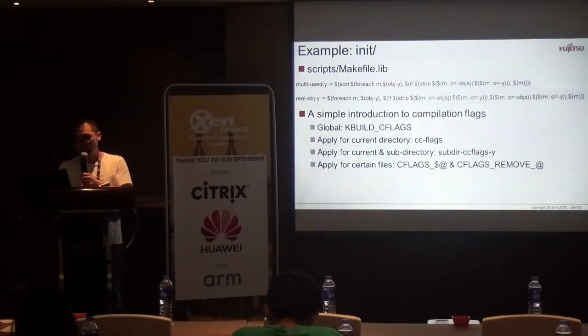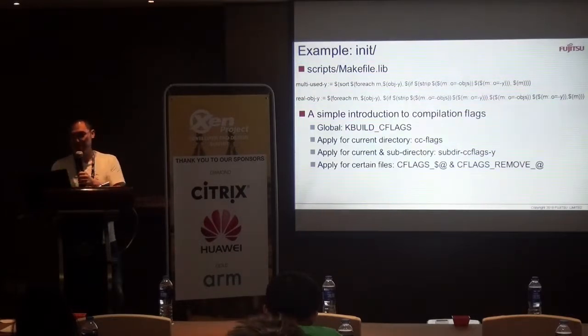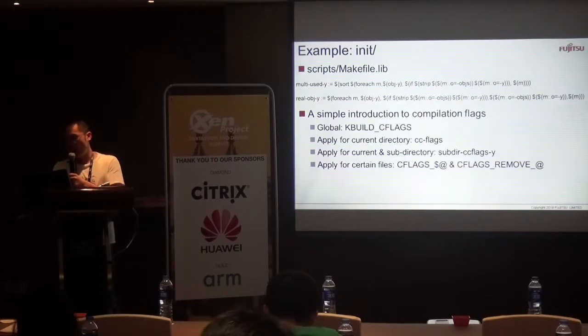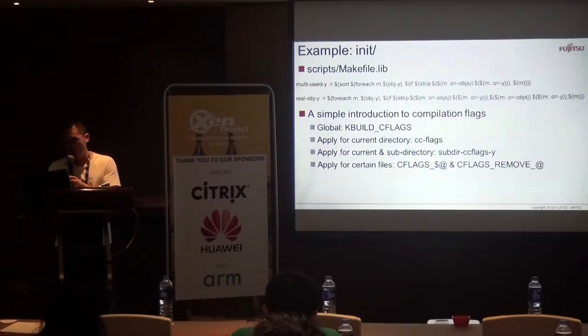One thing I think I should mention: the compilation flags management in Linux kernel Kbuild is a hierarchy of flags, which has a global flag at the top, and it applies to every compilation target.